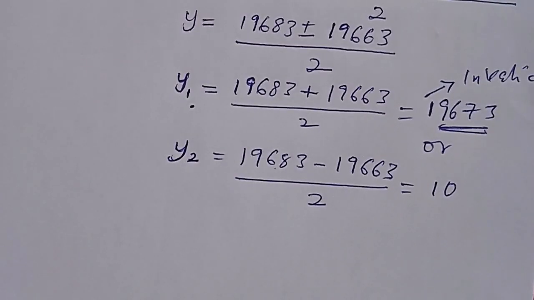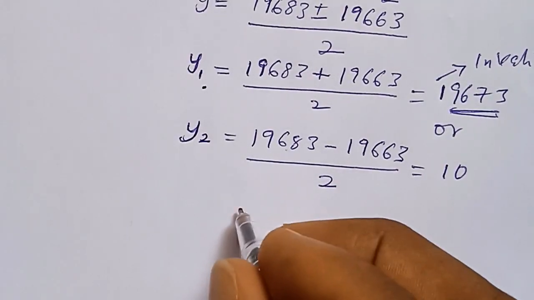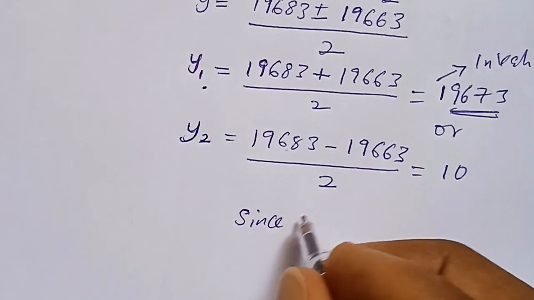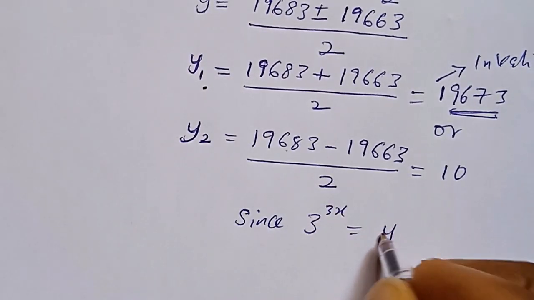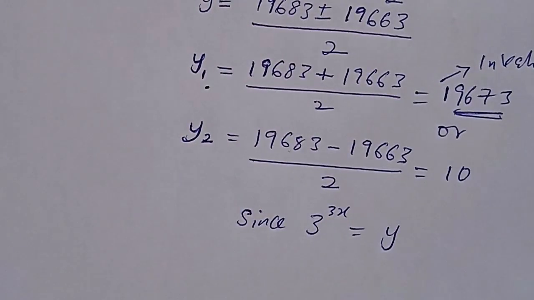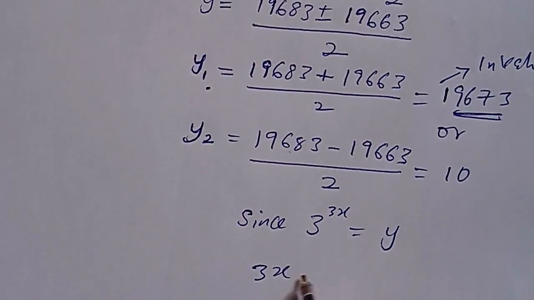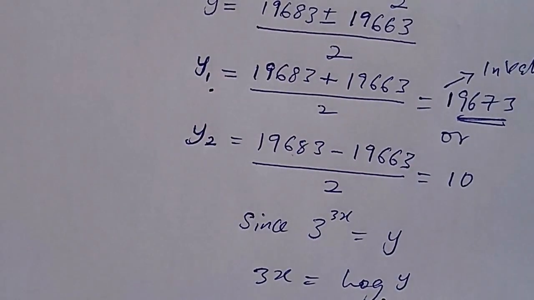Then here we can now go ahead to solve for the value of x. So we can recall that since 3 raised to power 3x equals y, we can then take the log of this. So here will be given as 3x equals log of y in base 3.